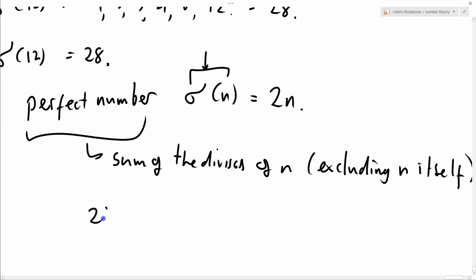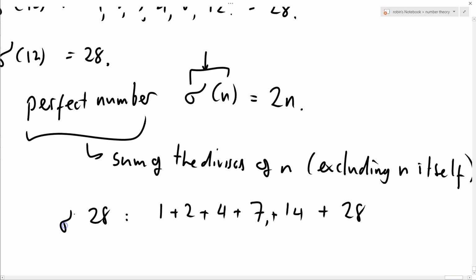So for example, you say that 28 is perfect because the divisors are 1, 2, 4, 7 and 14, so plus 28.